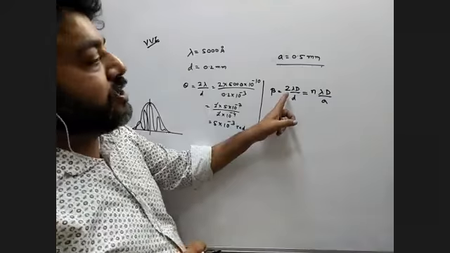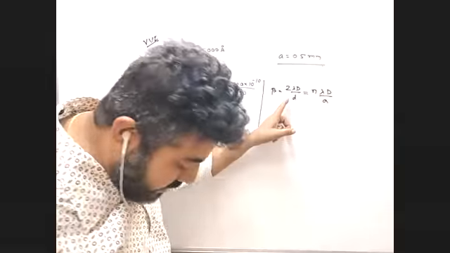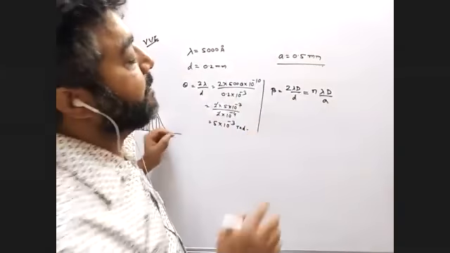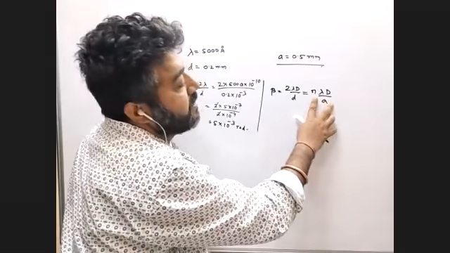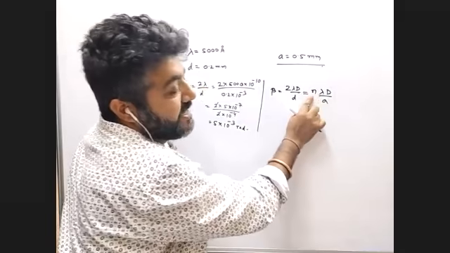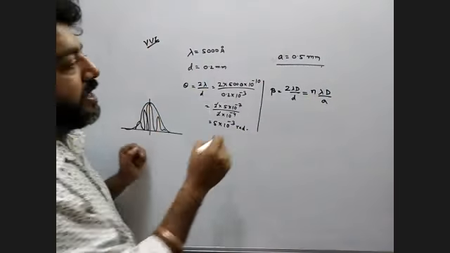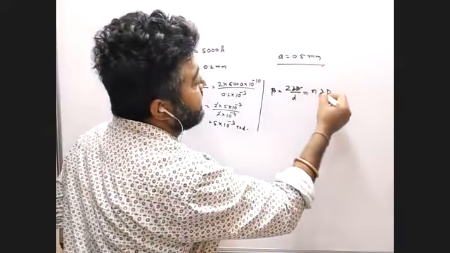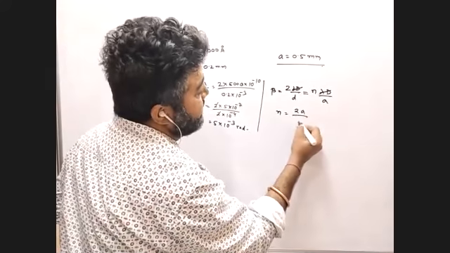See, this is the width of the central maxima, and this is n times the fringe width. How many Young's double slit fringes will be in it. So you can easily cancel this lambda. Now n is 2a by d.